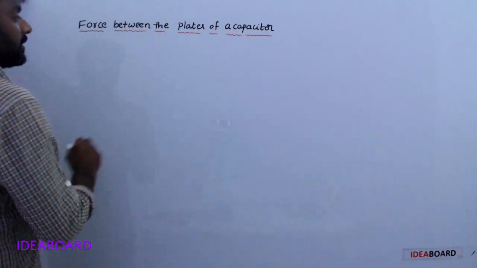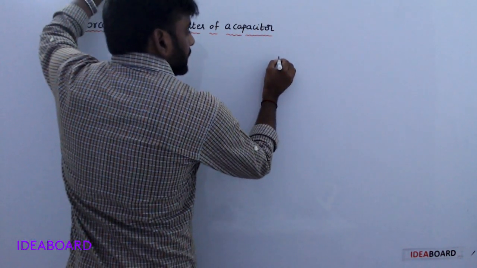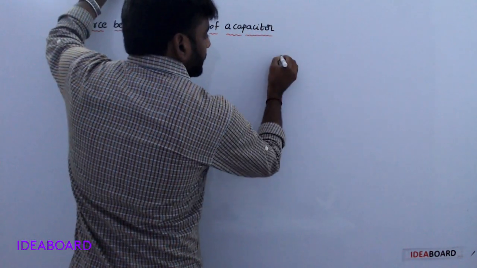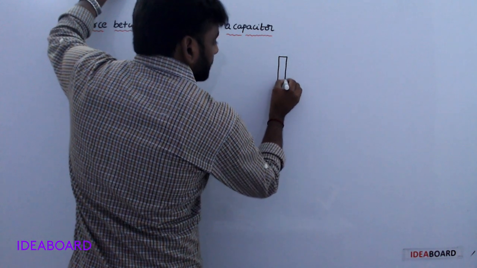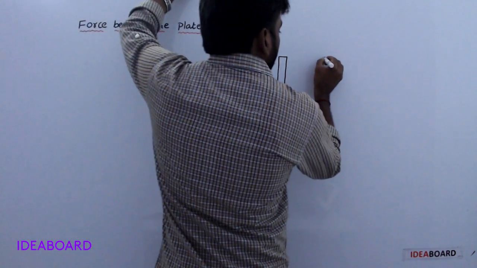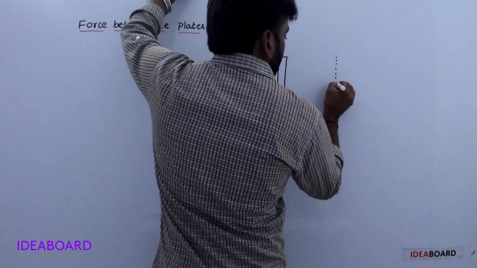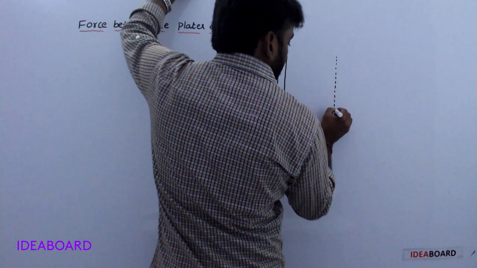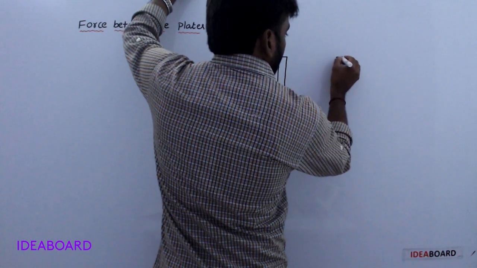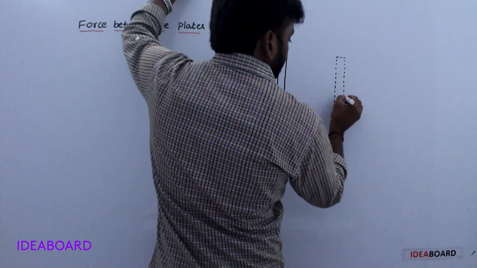Now, this is one of the capacitor plates. Initially, another plate is here. Initial position is this one.